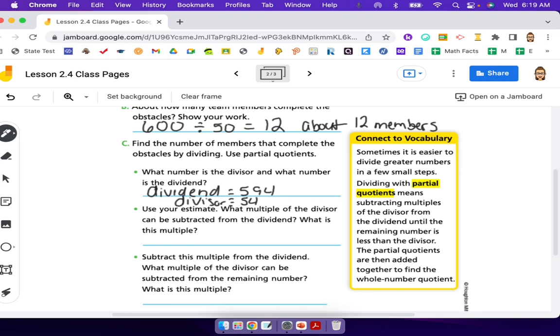Well, if we use our estimate, we would say 12. But an easier number to use is 10. Okay, so we use the 10th multiple, which is 10 times 54, that is 540.